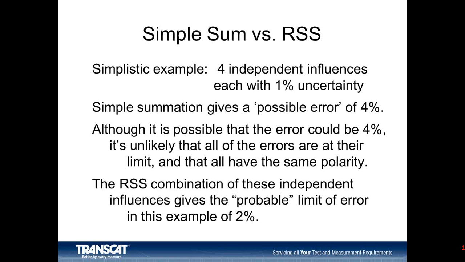So there's a statistical technique for combining those, basically this root sum of squares term, that gives us a probable limit of error. So while it's possible that the error could be 4%, it's probable that that's limited to 2%. And if these 1% values assigned to the 4 influences are stated at 95%, then this probable limit of 2% is also a 95% level of confidence.